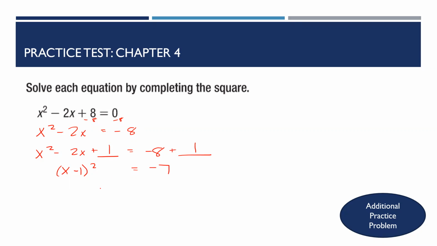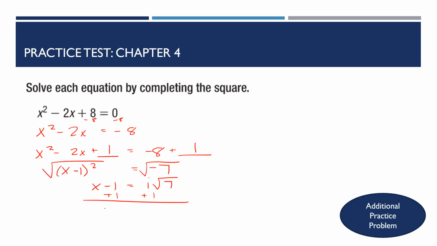Okay, so then you would take the square root of both sides, and you have x minus 1 is equal to... now you can't take the square root of a negative number, right? But you have the imaginary numbers. So this ends up being i times the square root of positive 7, and then you're going to add 1 to both sides.